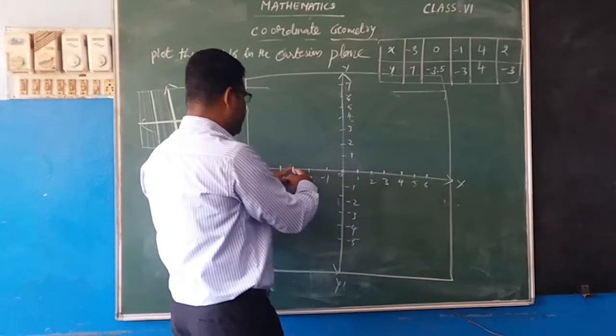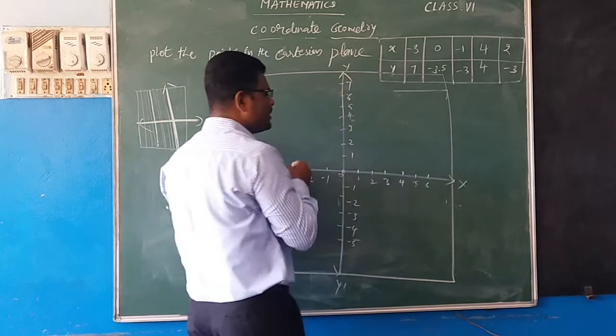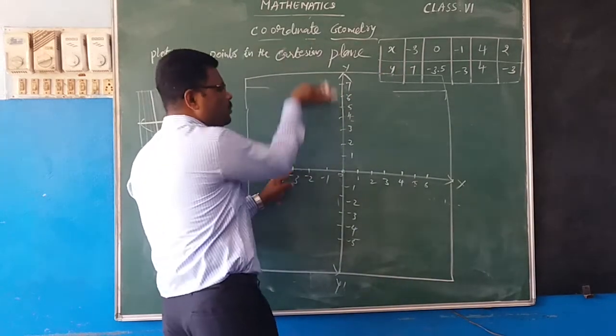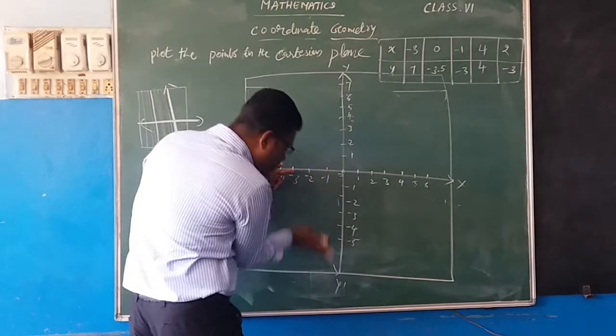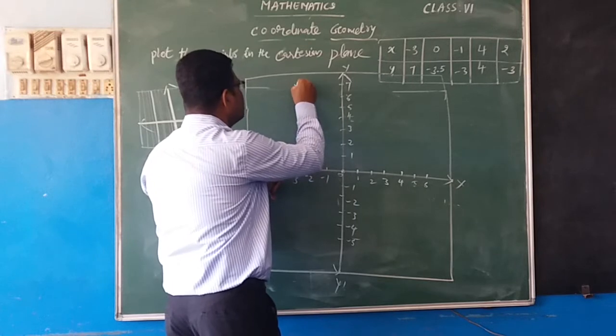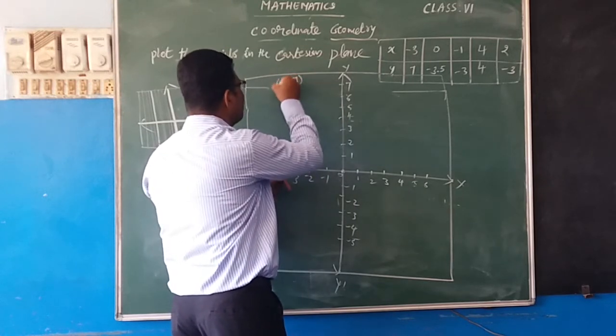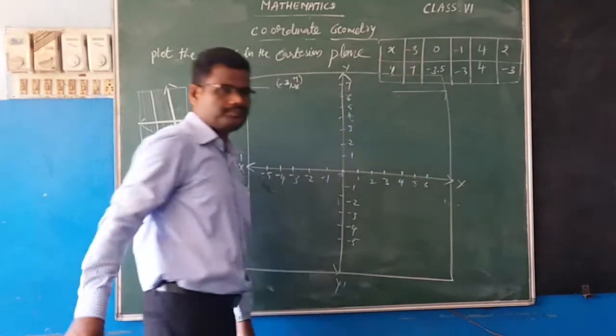X-axis -3. From here we start. Y-axis is 7. +7 means we need to go upwards. If it is -7, it will come downwards. So this point indicates x-axis -3, y-axis 7. This is the first point.